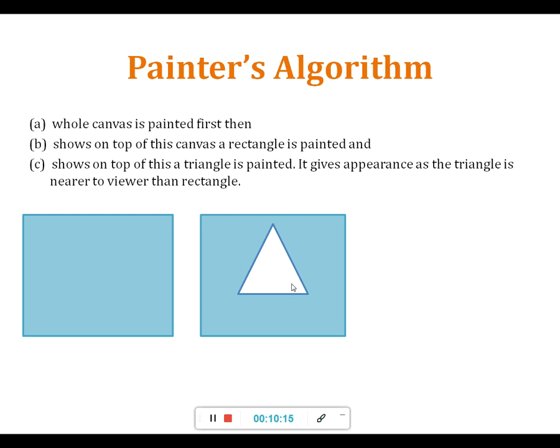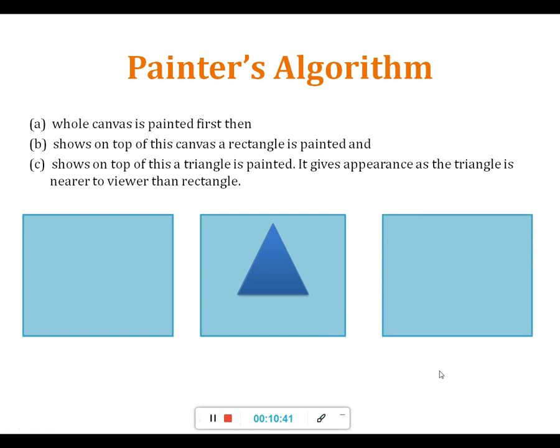On top of this triangle, if I am looking at two objects over there, one circle and one triangle, the circle is nearer to me than the triangle, so the triangle will be behind the circle, and the circle will be in front of the triangle. If I want to paint this triangle, which is far away from the viewer, I will paint it with another color, and if I want to place another object which is nearer to me than this triangle, then that object will lie over here, right?